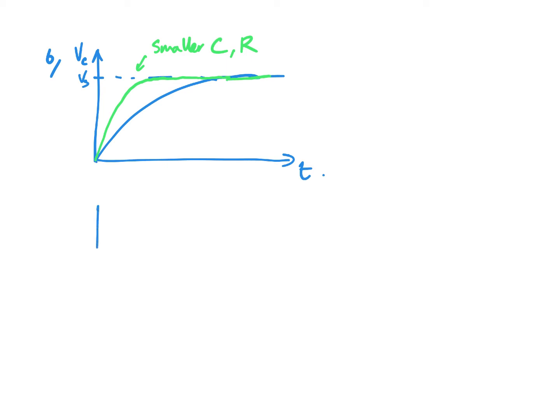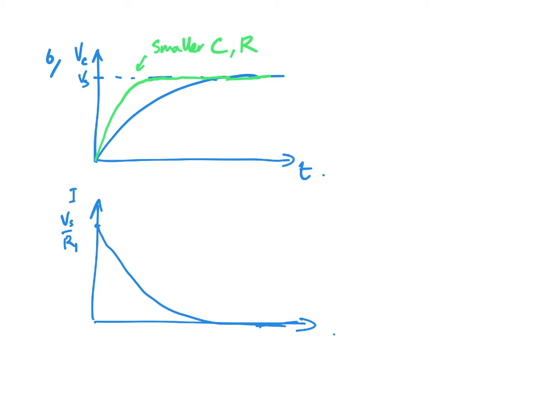And if we look at corresponding current time graphs, remember they start at Vs over R, but I'll call that R1 because we're going to talk about the effect of changing the values of R. And the shape we had before, remember, going down, flattening out at the 0.